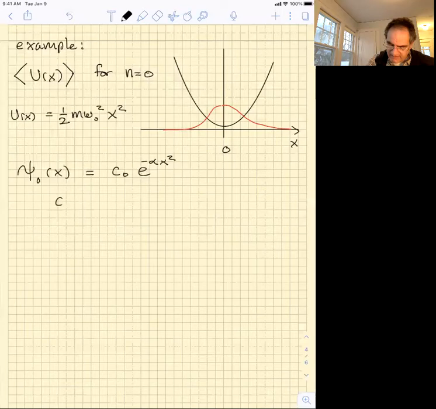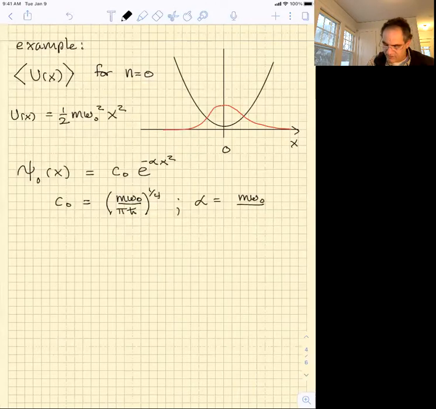The constant C0 can be established by normalization, and it works out to be (m omega naught divided by pi h bar) to the 1/4. And the quantity alpha is equal to m omega naught divided by 2 h bar. So those are results we haven't needed up till now, but now I'm just going to write them down.